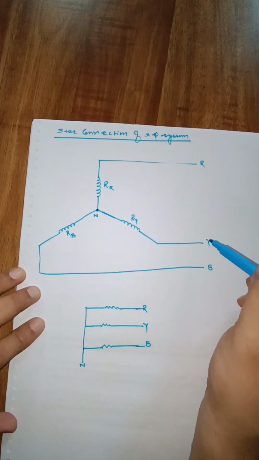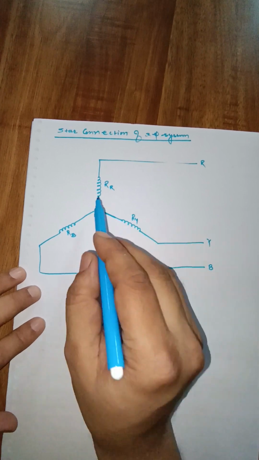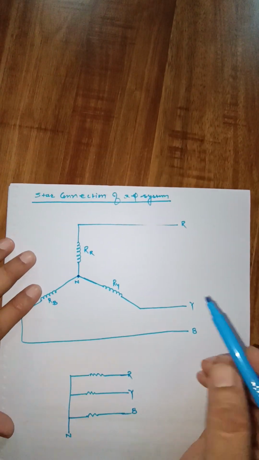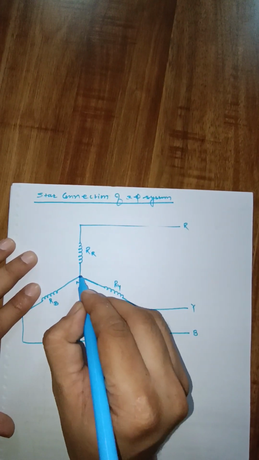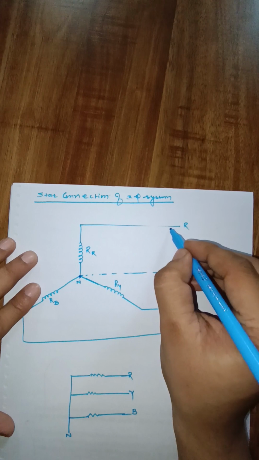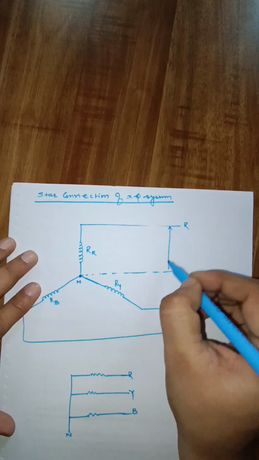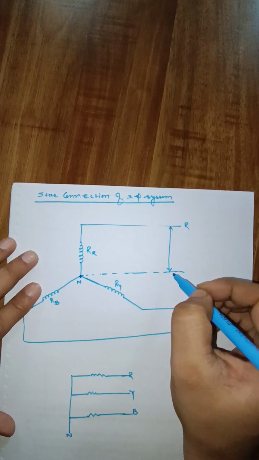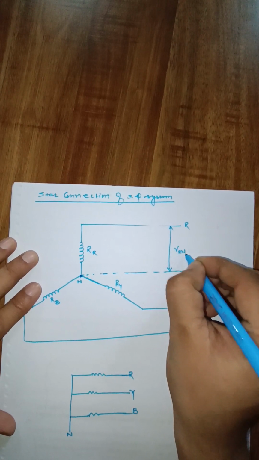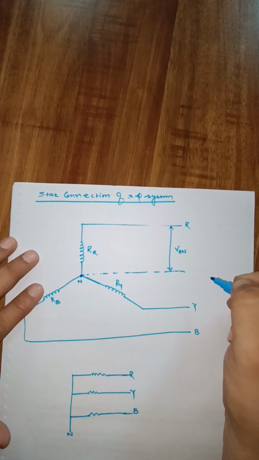This phase is R, this phase is Y, and this phase is B, and here the resistance is for each phase. Now we have to define some terms. The voltage between a phase and a neutral, this phase R and this neutral N, is termed as VRN, phase voltage.